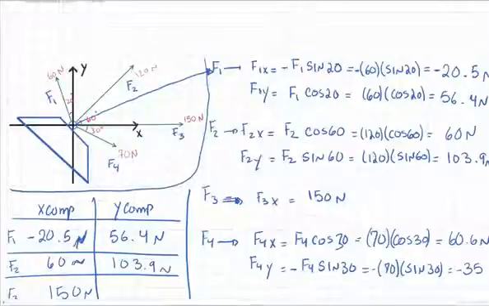Now looking at my y force, I see that the 120 force has a y component, and the 60 Newton force has a y component. I have a negative y component, but these two forces are bigger. So my y component force should be upwards, and it is. So that gives me a sense that my resultant force is right, and that I did the problem right.